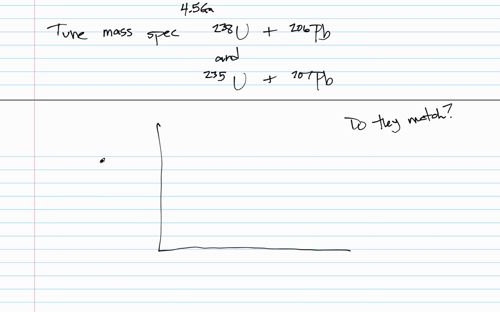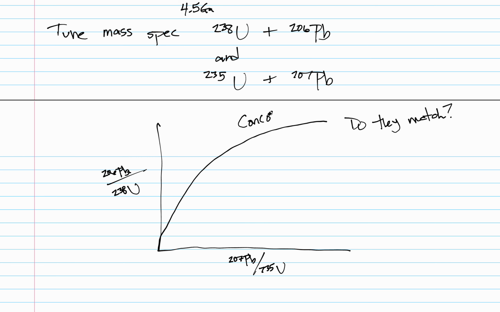The way that we do this in geology is a diagram called the Concordia diagram, which is beyond the level of this class, but we find the ratio of 206 lead to 238 uranium, and we plot it against 207 lead over 235 uranium, and perfectly correct answers will fall along a line which is concordant, hence the name Concordia diagram.